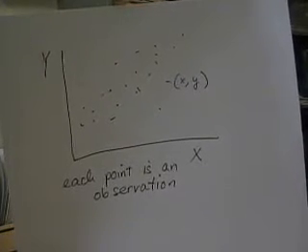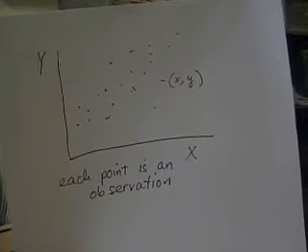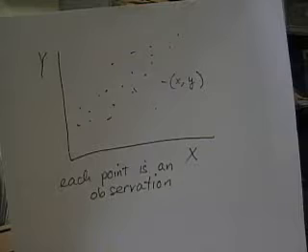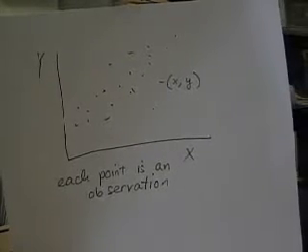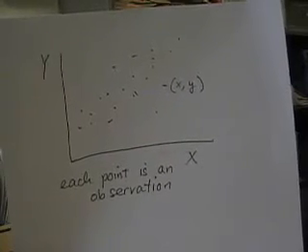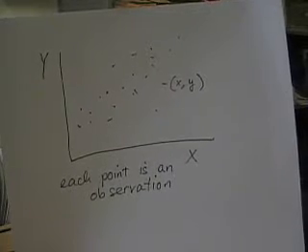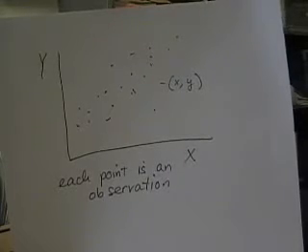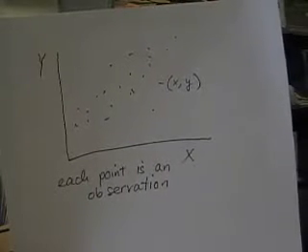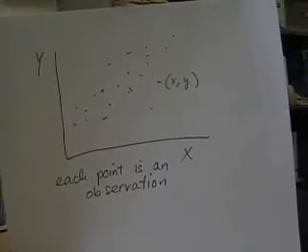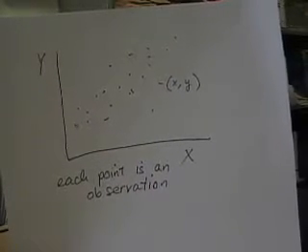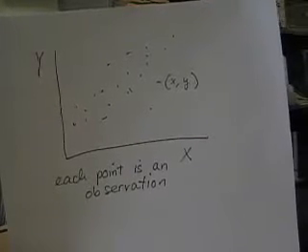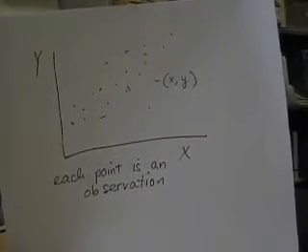If we have data that consists of two things that we measure for each observation, one thing that we measure we'll call X, and another thing that we measure we'll call Y, and we can think of plotting the observations of X and Y on a graph, where each point is a combination of X and Y that pertains to an observation. So the observation might be the household. So each point here would represent combinations for different households.